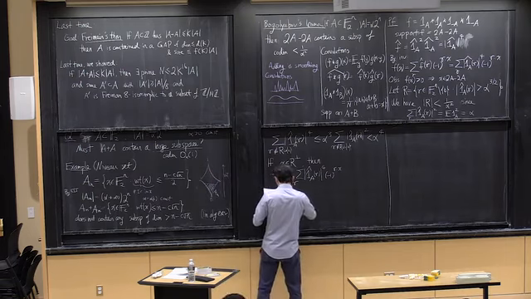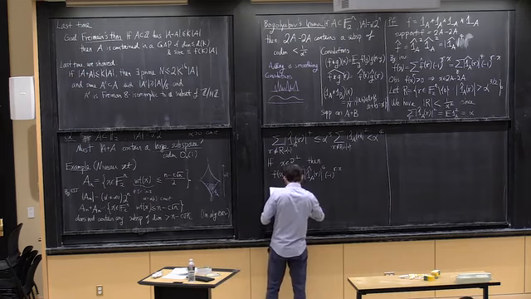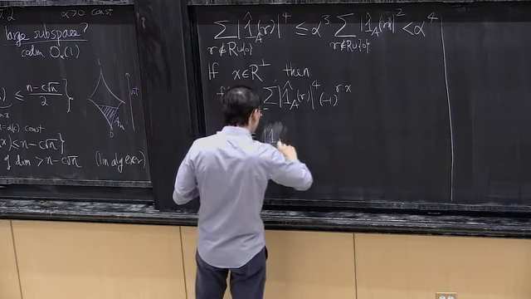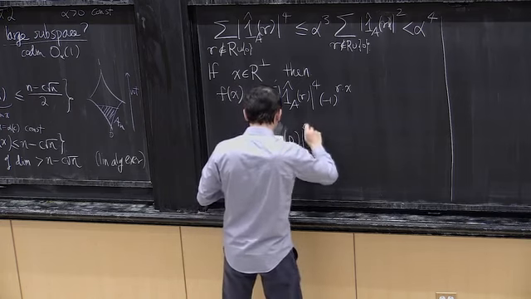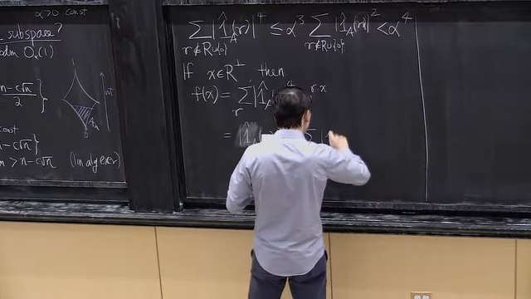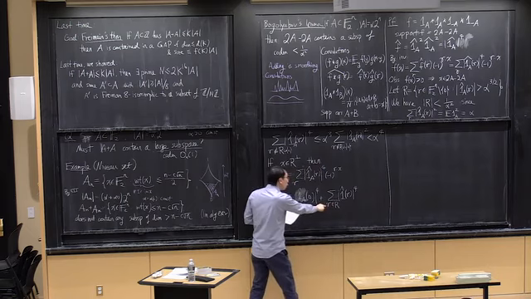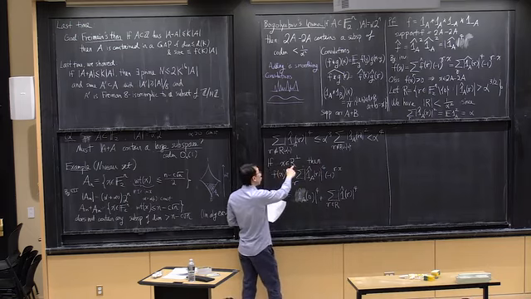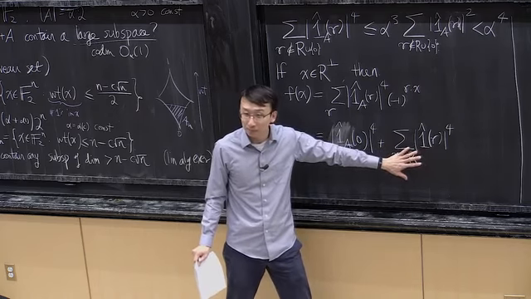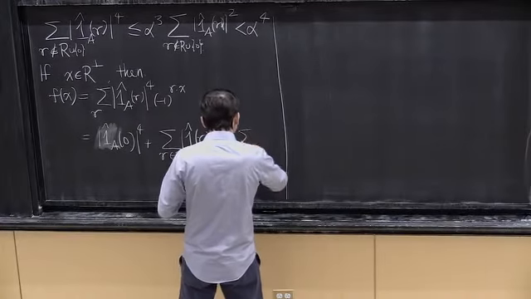And so I can now split the sum as the 0th term, the large terms. Now you see, for the large terms, because we're in the orthogonal complement of A, I can make sure that they all come with a positive sign. And finally, the small terms.